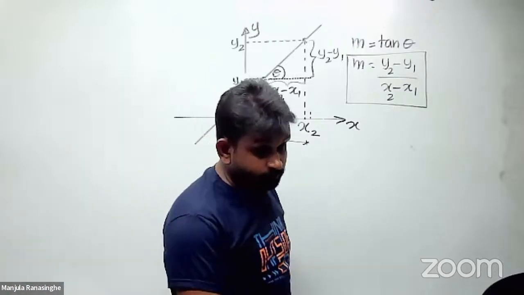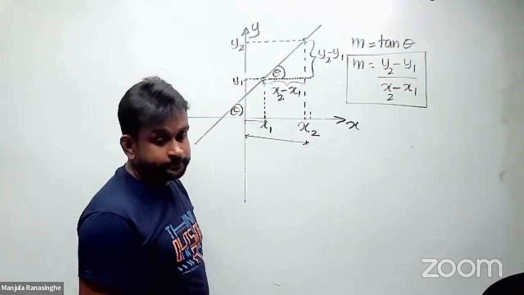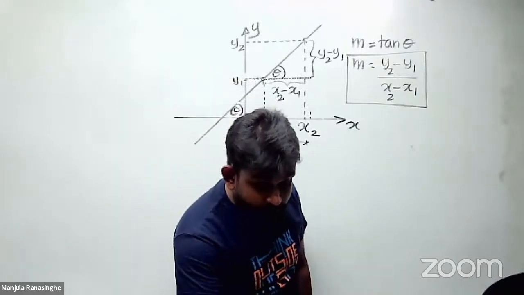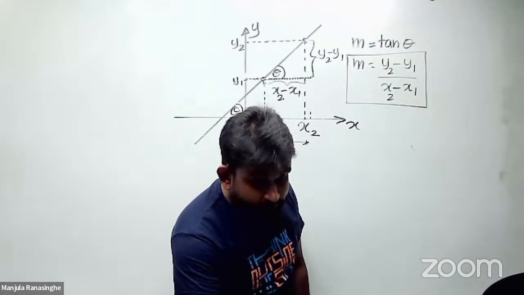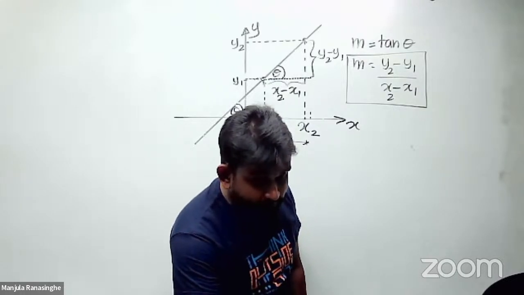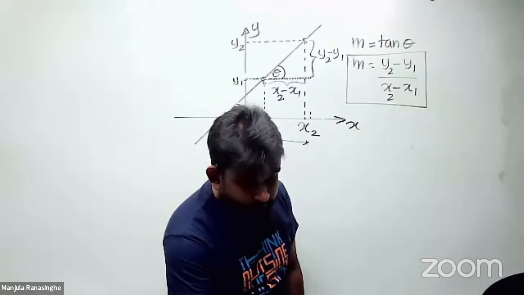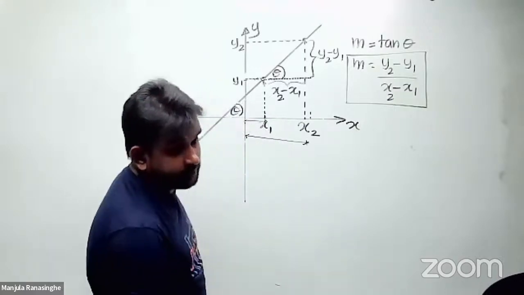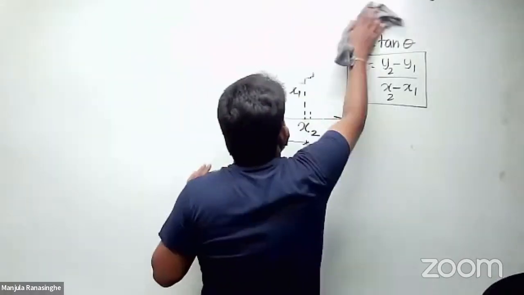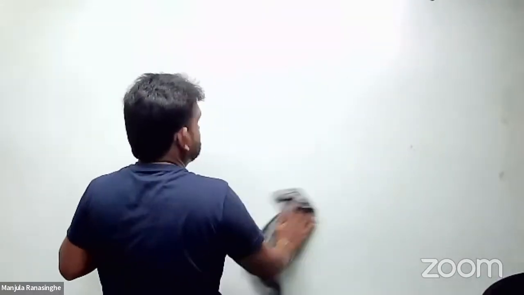Okay, that is fine. Now tell me the equation: y2 minus y1 divided by x2 minus x1. Right. And now I take the equation. Remember, tan means, in this level I teach you the trigonometry.